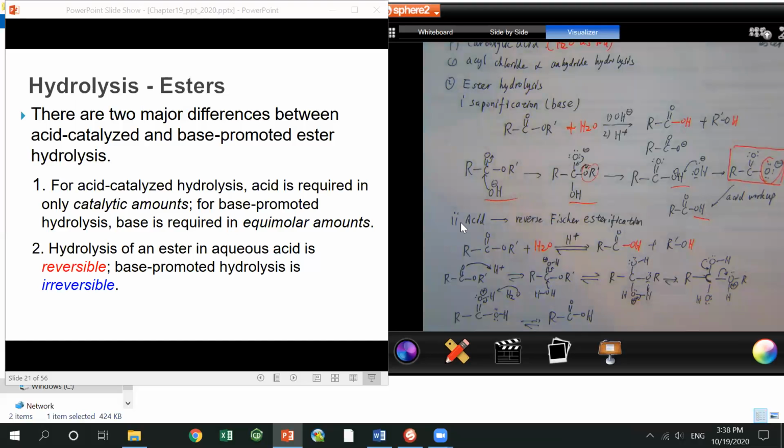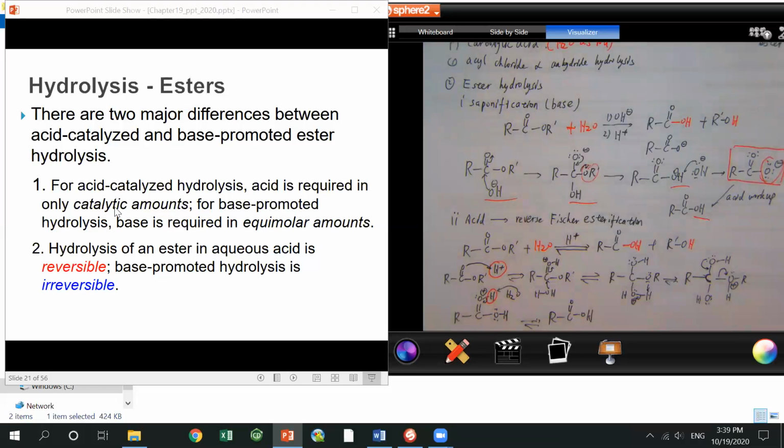For the acid conditions, you only need a catalytic amount, because at the very beginning you lose one proton, but eventually you give this proton back to the system, so you can recycle the protons. But for the base, like I said, you need equimolar amounts. The second difference is that acid conditions are reversible, while basic conditions are irreversible.